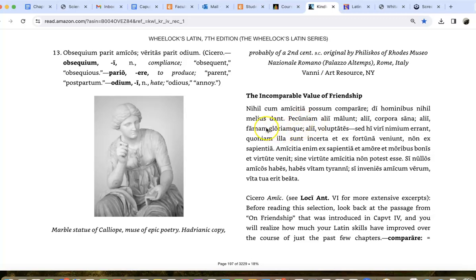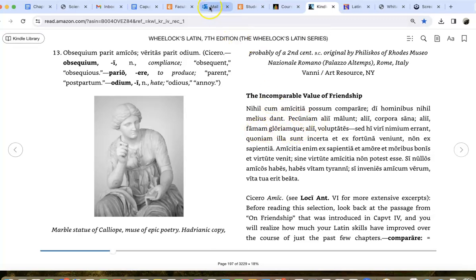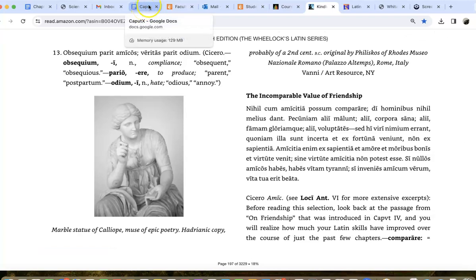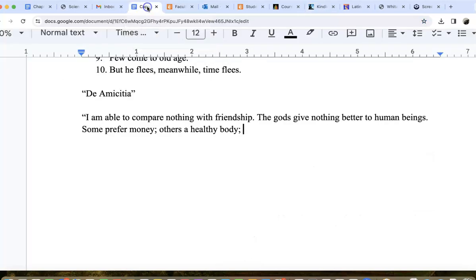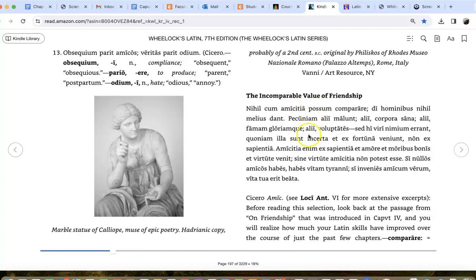Others, in other words, others prefer fame and glory, and we saw earlier how that may not be ideal for a republic of virtue. So others, fame and glory. Fame and glory. So that repeats a little bit of the vocab that we had earlier, so that helps. So others, fame and glory.